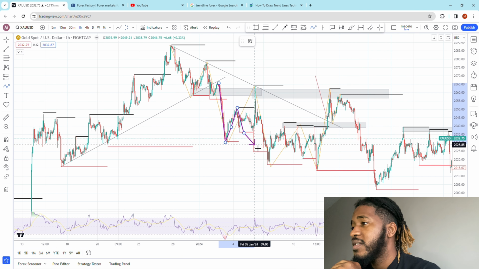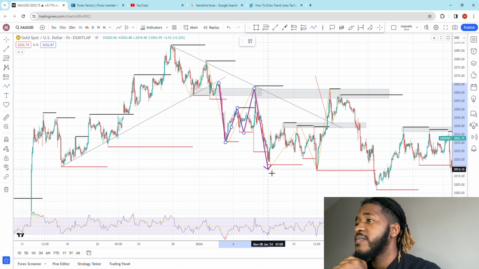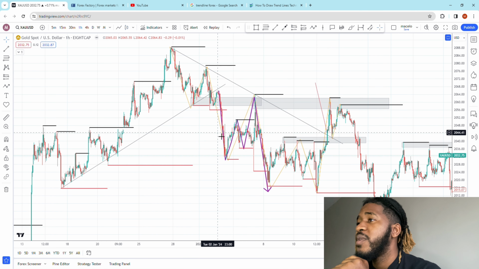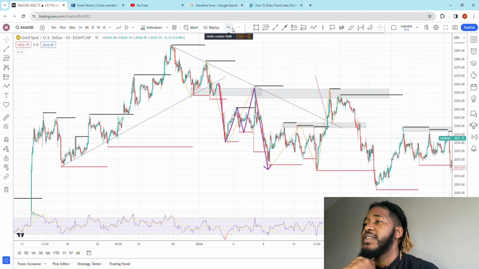Yep, so this was NFP that pushed the market down, then up to NFP. But what did the price do? Price came back here and then sold. So this is what I talk about when you have a trend line break and now you have the retest to give you more confirmation that okay, a trade can be activated now.